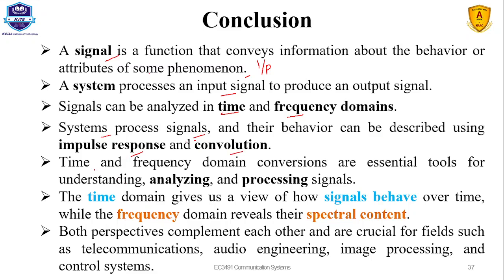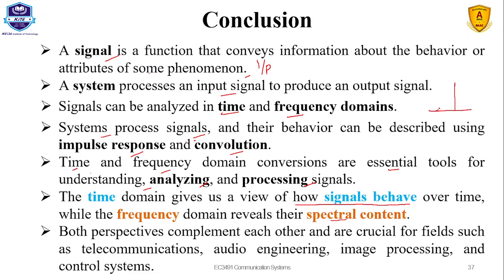So when talking about the conversion factor, time and frequency domain play a major role, which is an important tool in understanding, analyzing, and processing a signal. The time domain gives us a view of how the signal behaves over time, whereas the frequency domain reveals the spectral components of a signal.